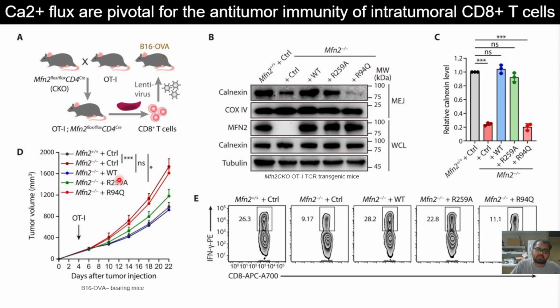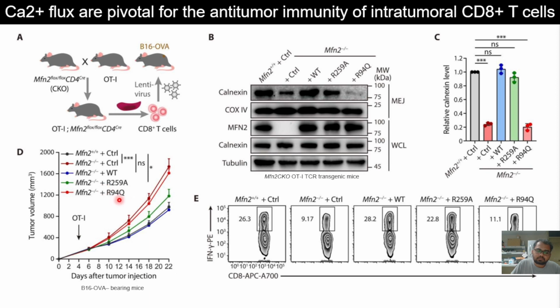But when you use this variant, which is not responsible for the MFN2 SERCA activity, it is kind of working as a wild type. So there is an increase in the tumor.